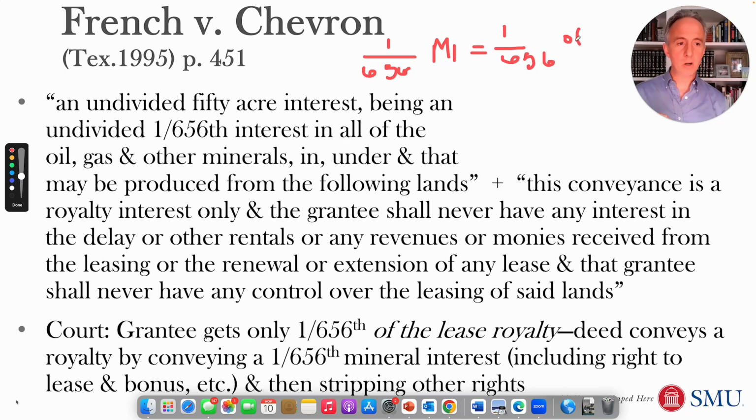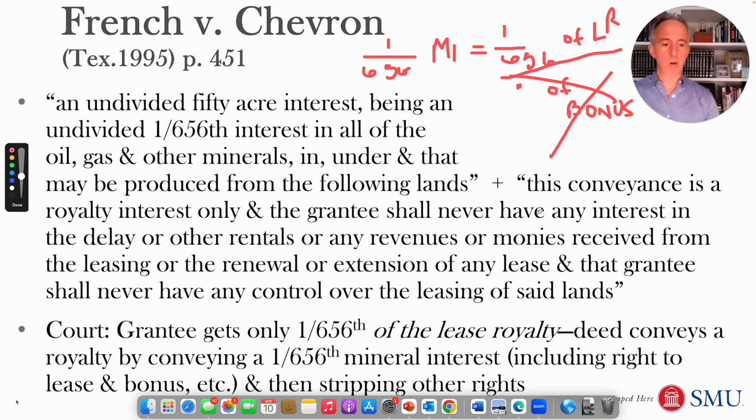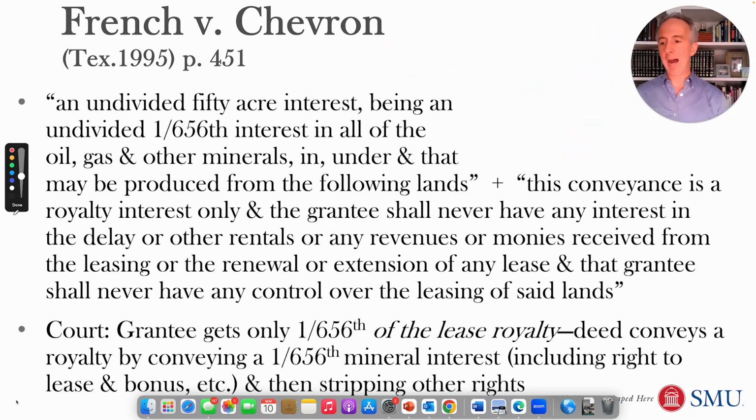And then you're also going to get the 1/656 of the bonus, right? And you'll get 1/656 of the delay rentals, et cetera, et cetera. And the court is saying you just got rid of this, and all you're left with is 1/656 of the lease royalty. That was intended by this deed.